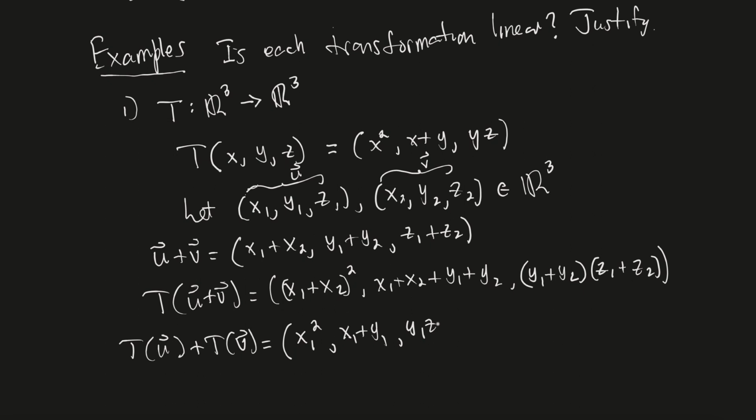So y1 z1. And then add to that the same pattern, but with 2's as my subscript. So I can basically write down what it will be like if I transform v separately. I'll have x2 squared, x2 plus y2, a comma, and then y2 times z2. Now let's add them together.